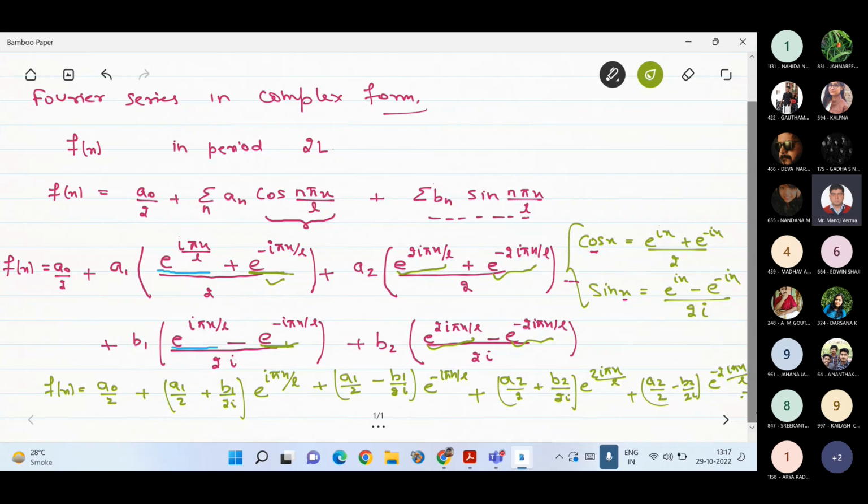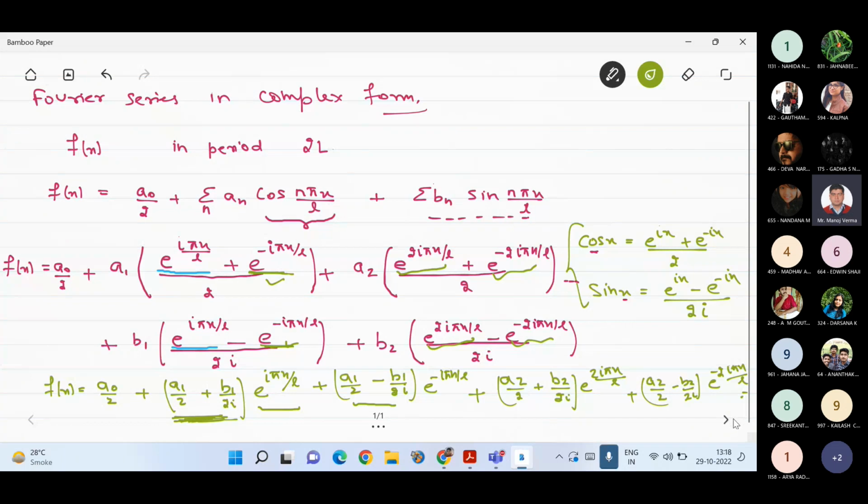So I can see that e raised to the power i pi x by L is combined with a1 by 2 plus b1 by 2i, and in this case it is a1 by 2 minus b1 by 2i.